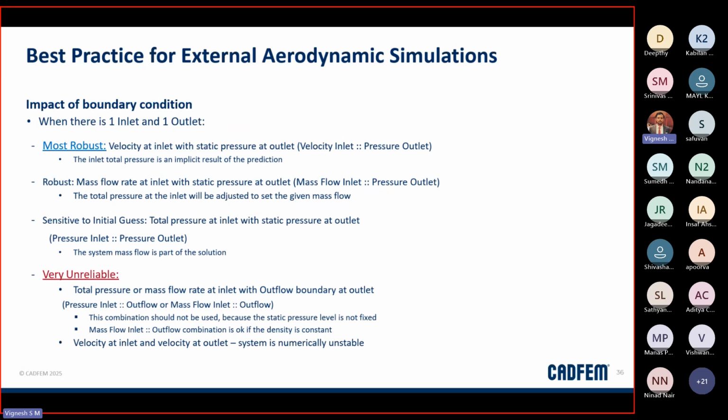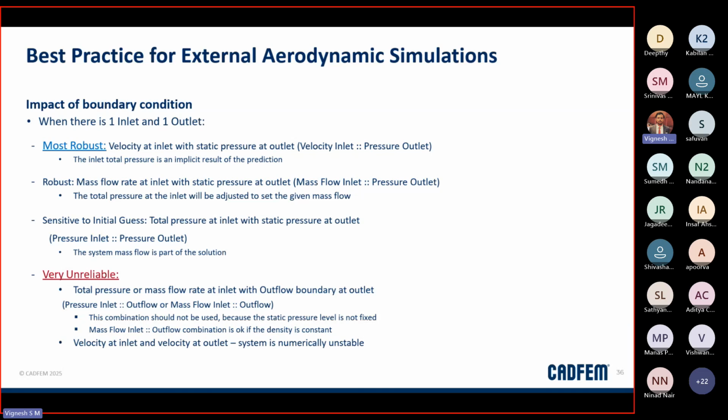And for robustness, it's always robust when we have one inlet and one outlet. So make sure you're using a velocity inlet or pressure outlet. Yes, you can use mass flow rate as a boundary condition, and total pressure, but it's all sensitive. My complete recommendation is always use a velocity inlet or pressure outlet. For a quadcopter, use only the pressure outlet.